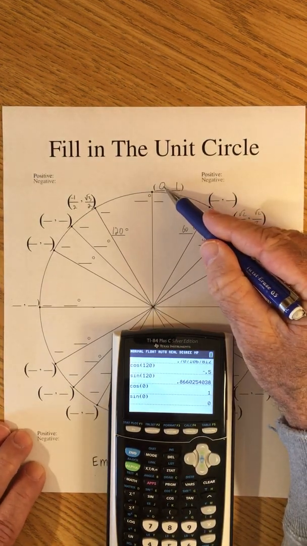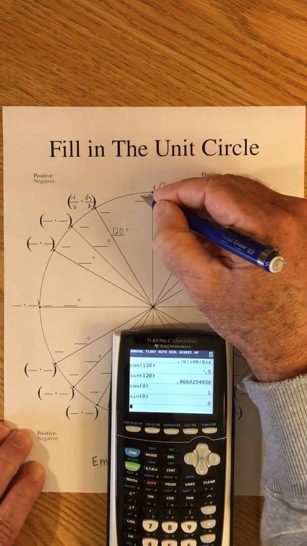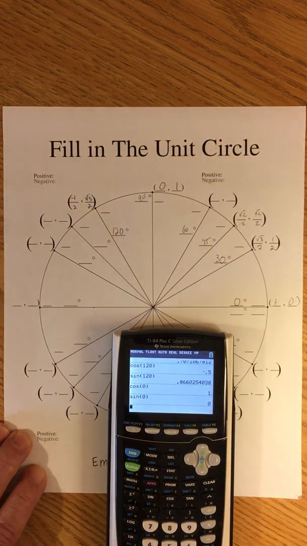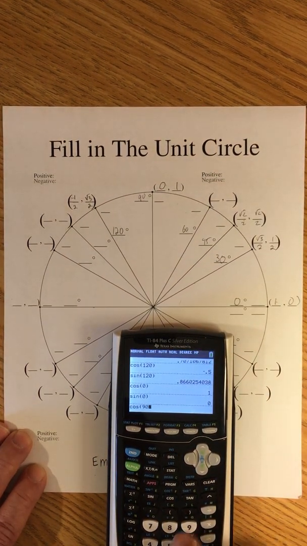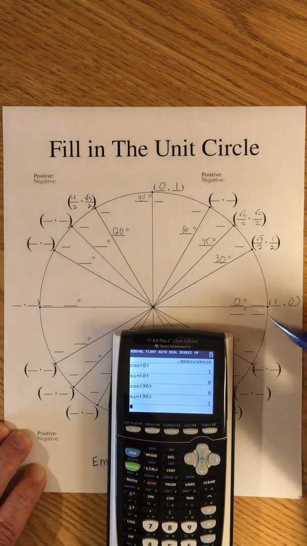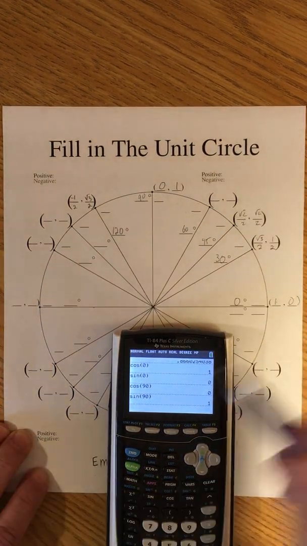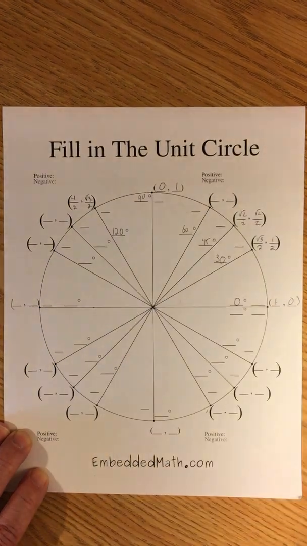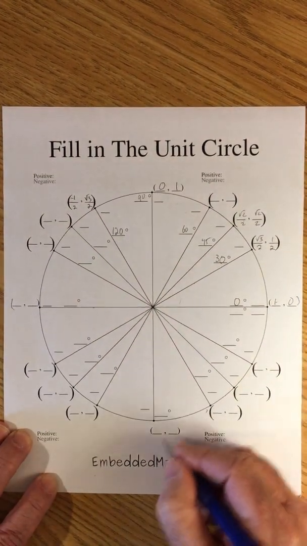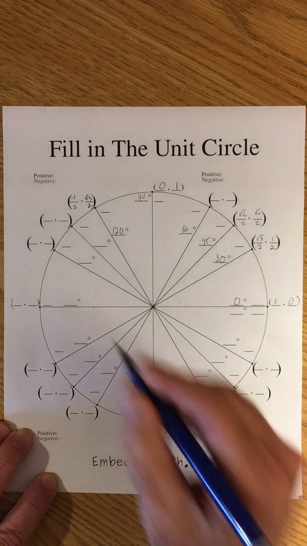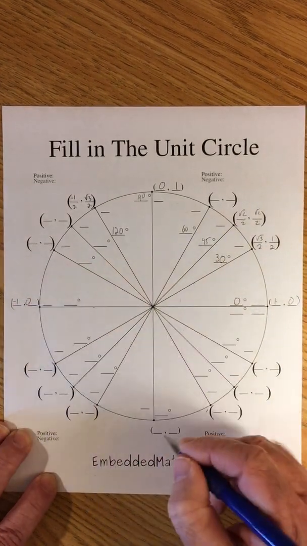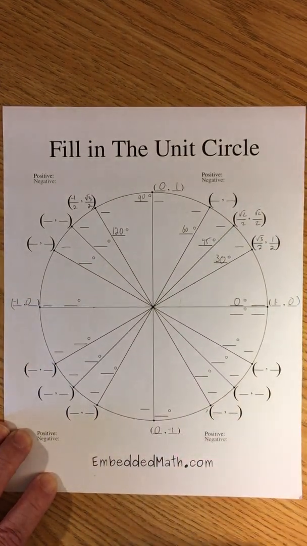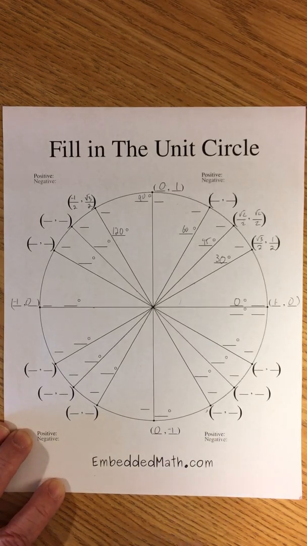Cosine of 90 degrees is 0, sine 90 is 1. You should verify for yourself what happens here and here. These points are -1, 0, and 0, -1, and they'll follow the same pattern.